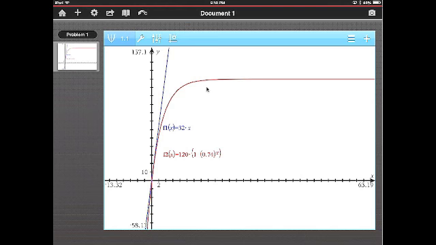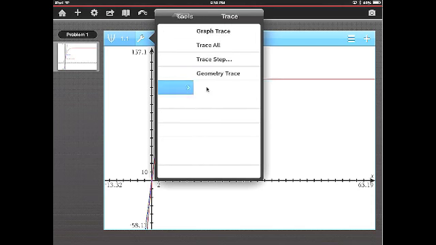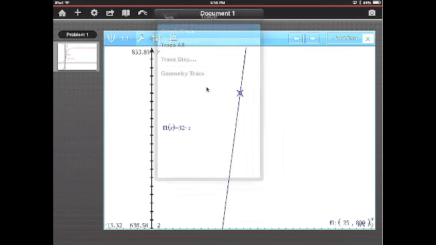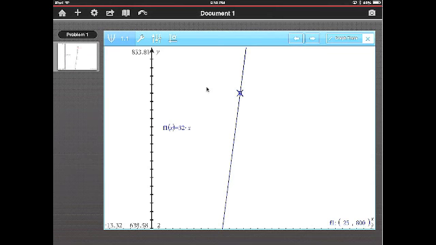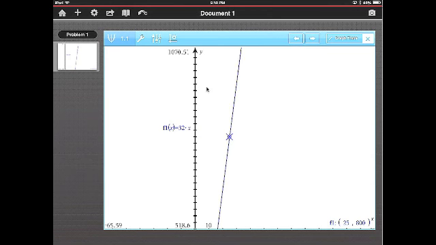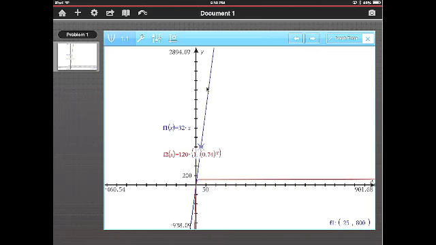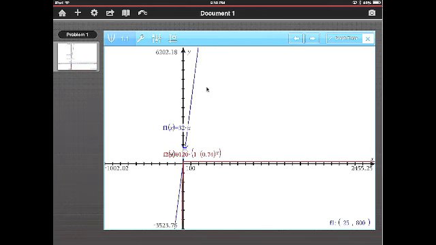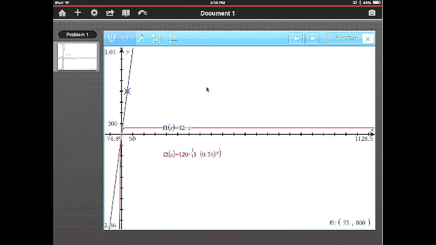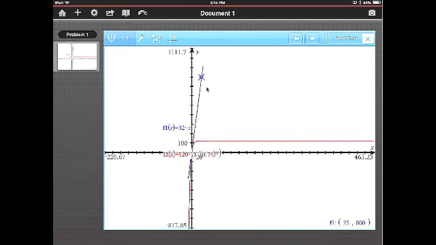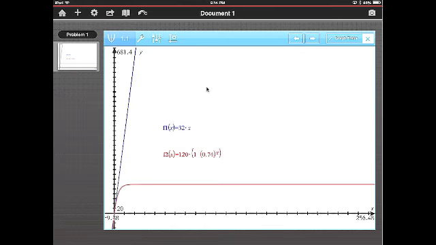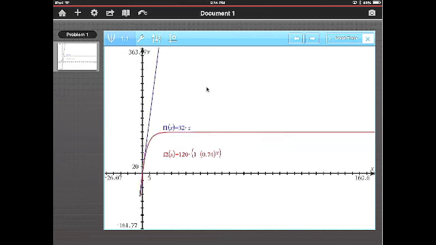I'm going to press the little wrench and look at trace, and I'm going to trace a graph. It jumped right to F1. Let me fix that a little bit. I'm just kind of panning and tracing here.